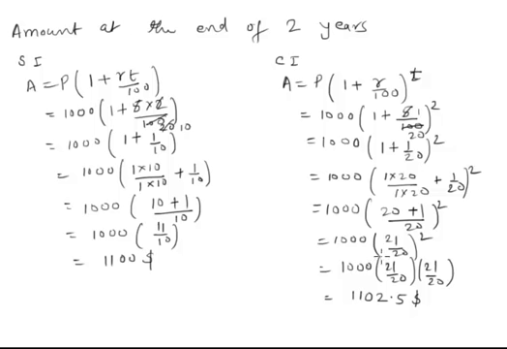The important thing about this is, if you look at the compound interest, at the end of the first year the amount was 1000 times 21 over 20, but at the end of the 2 years the same value is again multiplied by 21 over 20. If you calculate it at the end of 3 years, it will be multiplied by 21 over 20 once more. So every time there is a multiplication by 21 over 20, and whatever the amount for the previous year became the principal now.